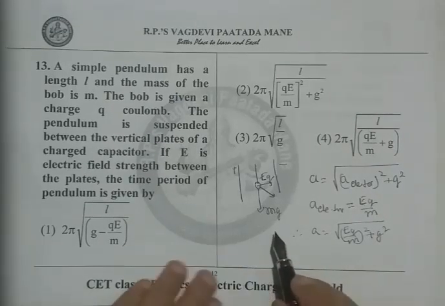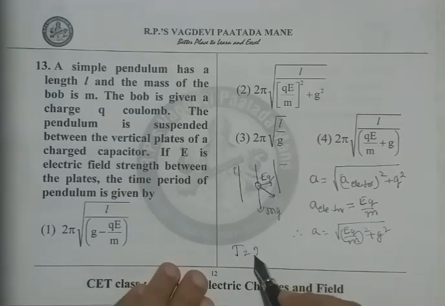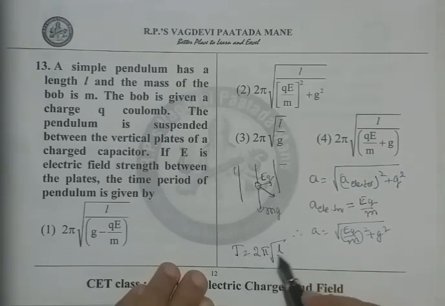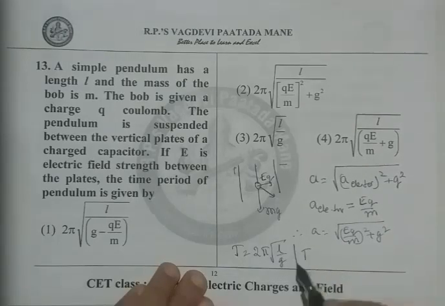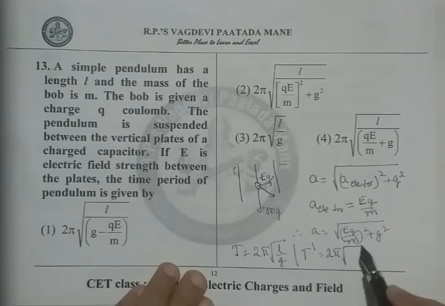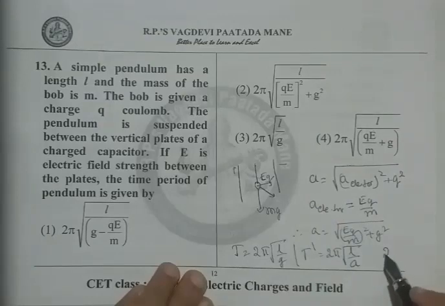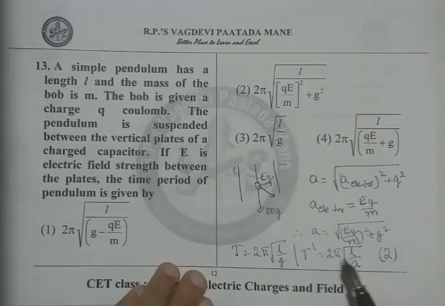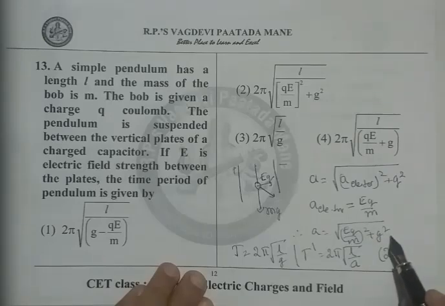In the period formula, T equals 2 pi root of L by G, in place of G we have to substitute A. Therefore, the new period T dash is 2 pi root of L by A. According to that, option 2 is correct, because A is root of (EQ by M) whole square plus G square. So, option 2 is right.